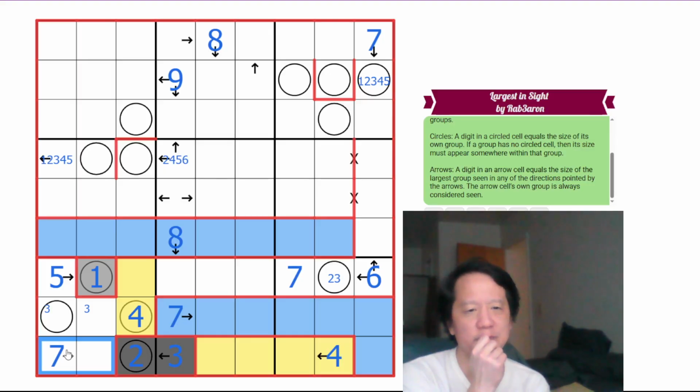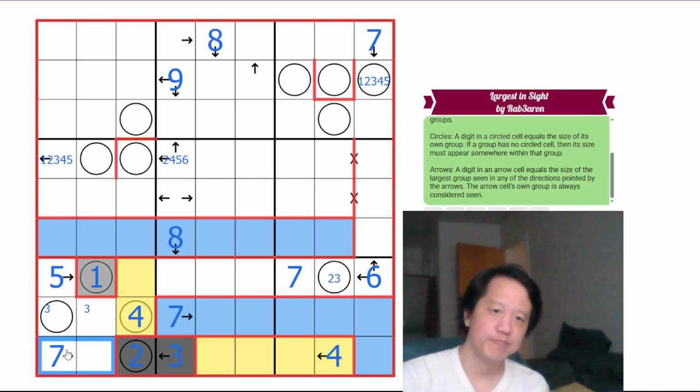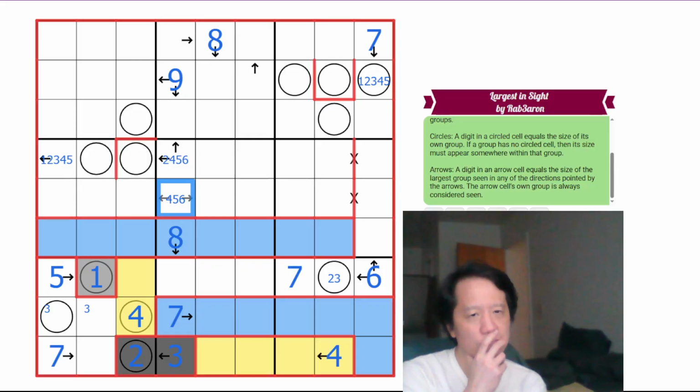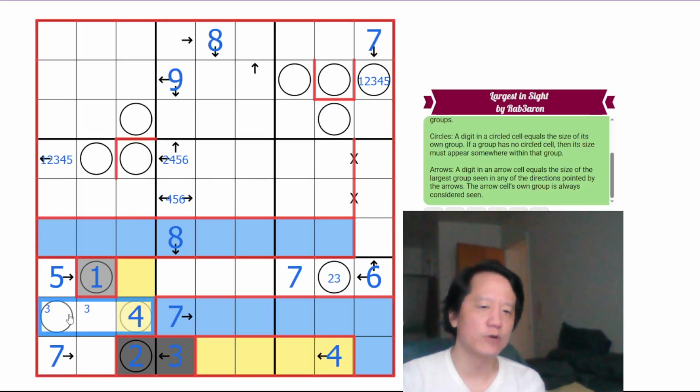This seems a little problematic. Yeah, it's a little problematic. Can't be 4 going that way.